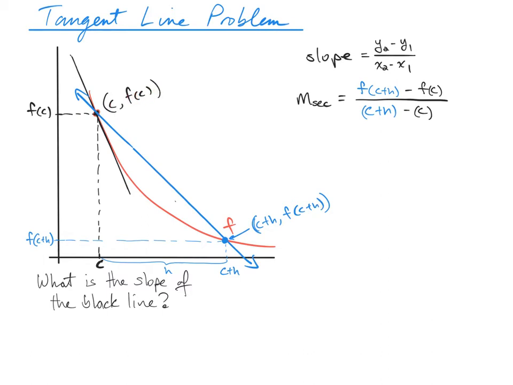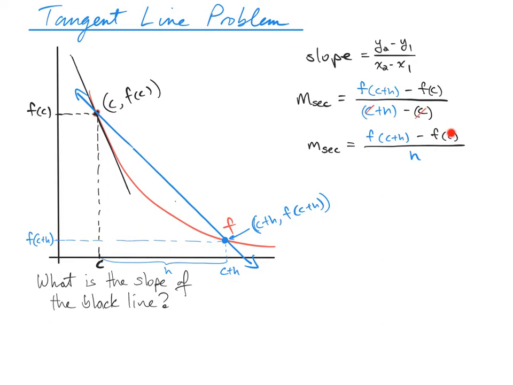And you can see that we have f of c plus h minus f of c all over c plus h minus c. And there is some simplification that happens in the denominator. You have a c minus c reduces away, and that leaves you with the slope of a secant line looking like this.